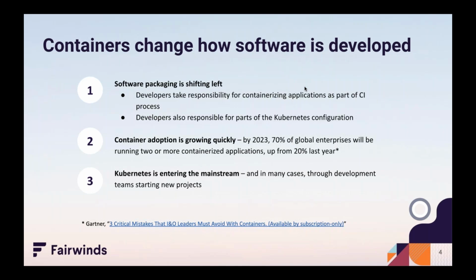We also know that container adoption is growing quickly, and some Gartner estimates say that in just a few years, 70% of enterprises will be running 2 or more containerized apps, and that's up from 20% last year. And from our own observation and research at Fairwinds, we're noticing that Kubernetes is quickly entering the mainstream. In many cases, this is happening through development teams who are starting new projects, and they're looking for that agility.